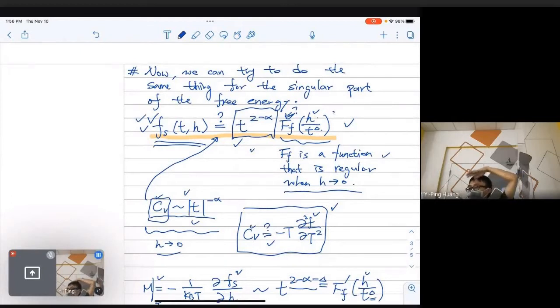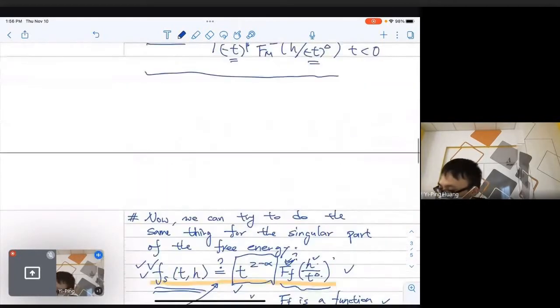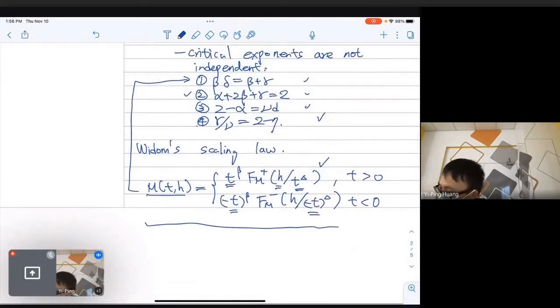The critical behavior of your free energy relates a lot of physical observables, including magnetization and susceptibility. Because of that, those critical exponents are not completely independent of each other. That's basically the spirit and why you get those relations.